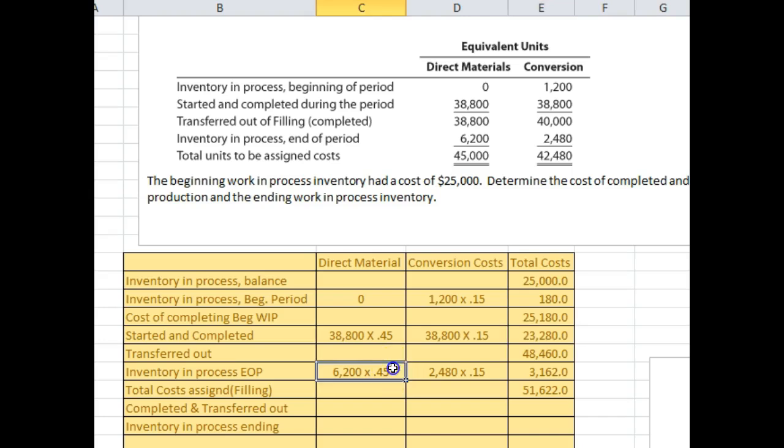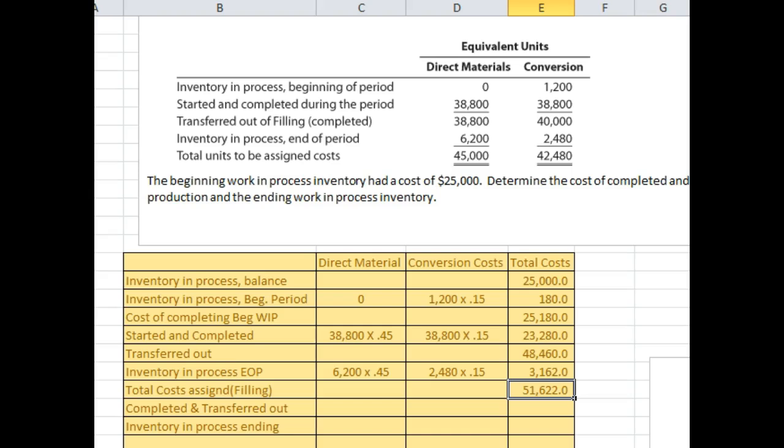We had left 6,200 with all the materials in it at 45 cents. Remember the conversion, remember the equivalent units, and we had 2,480 at 15 cents. That gives us this 3,162 in the ending inventory. So total costs were $51,622.